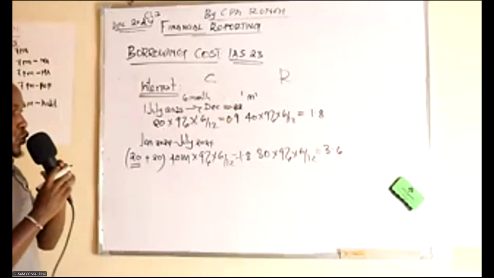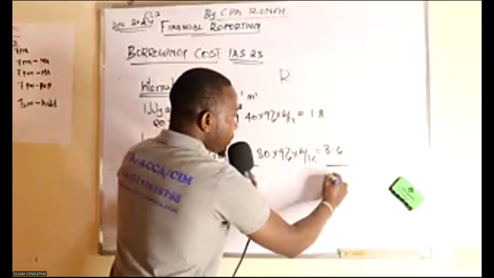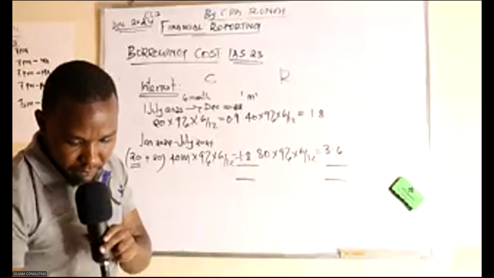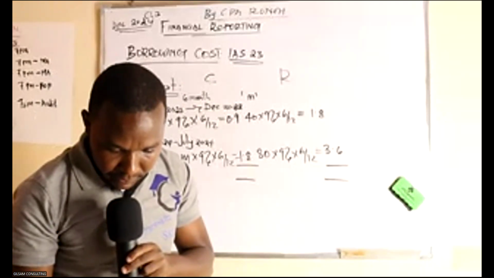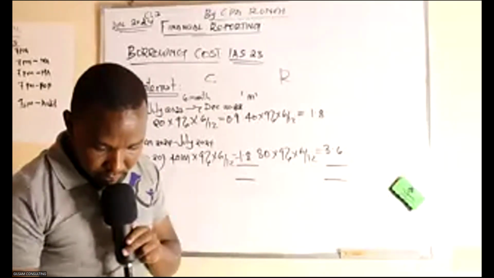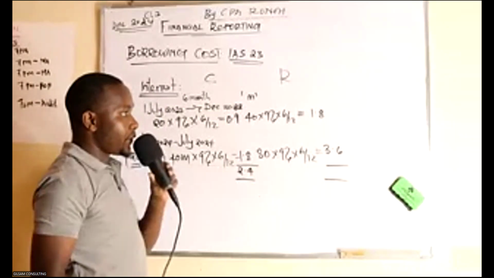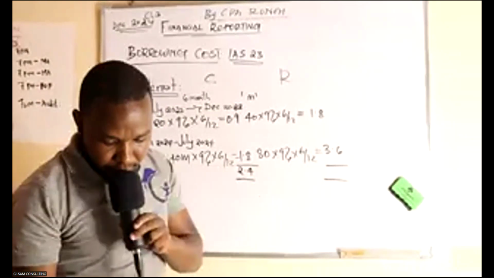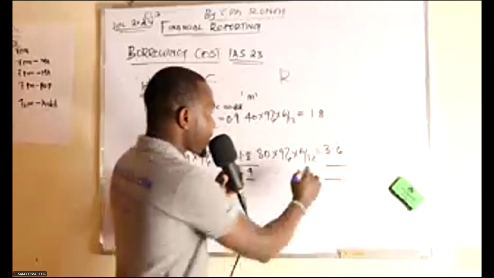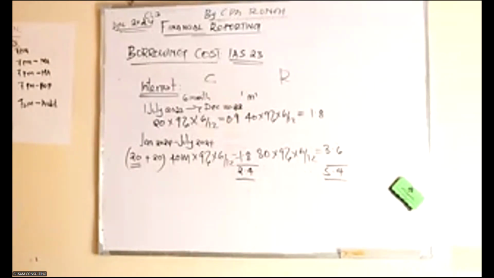At the two, how much? 0.9 plus 0.9 plus 1.8 gives us 2.4, and then another one is 1.8 plus 3.6 gives us 5.4.